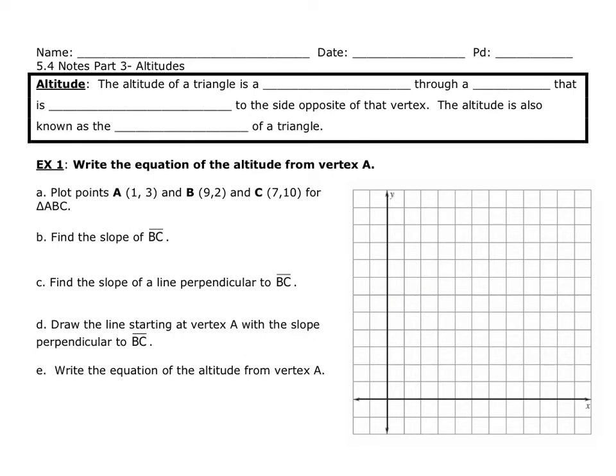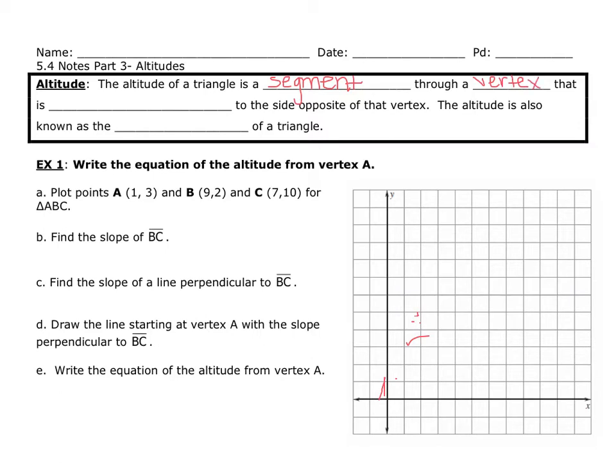The altitude of a triangle is a segment, and it's going to go through a vertex.